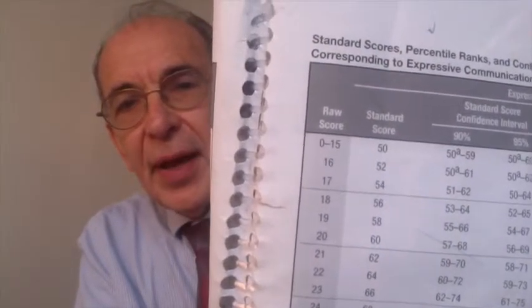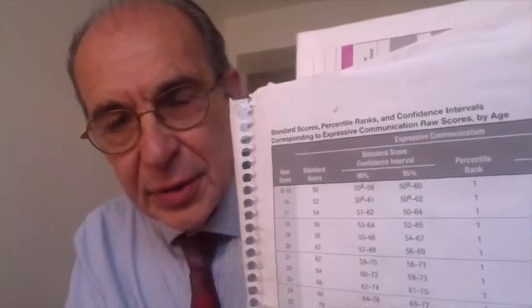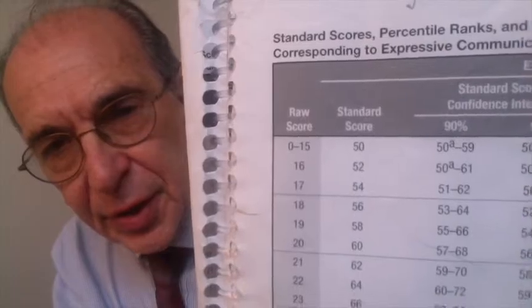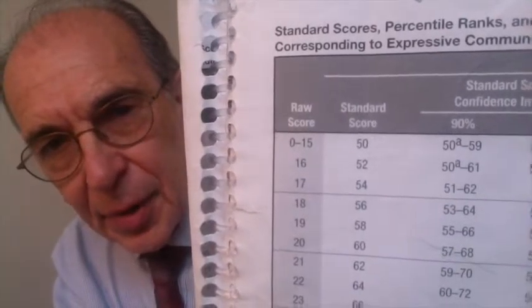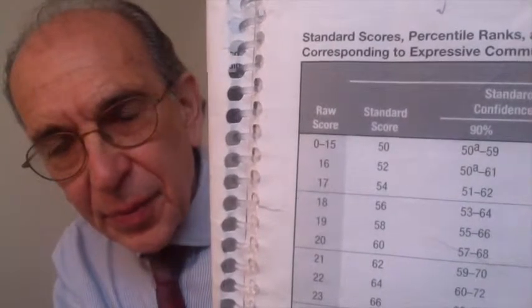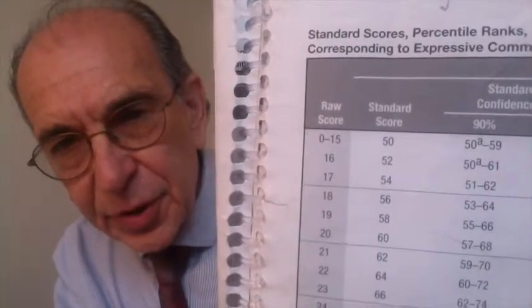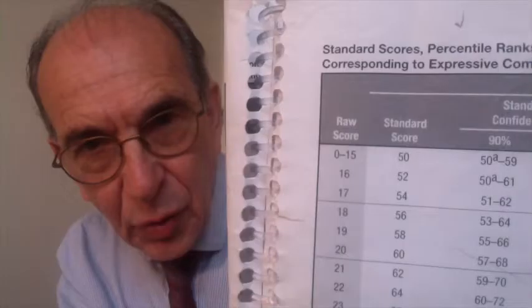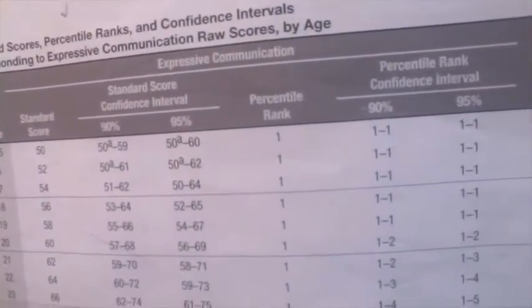So when you look at a list of standard scores on a norm-referenced assessment, I'm holding up to the camera one of the pages from the PLS-5, Preschool Language Scale 5, and the standard score range for children at the age of, what age am I looking at?